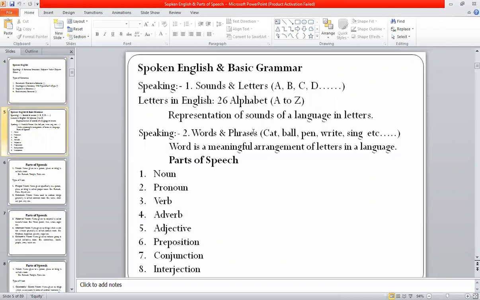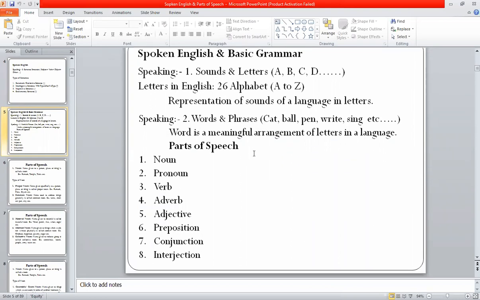Then next comes, yes, so the very basic chapter that we are going to start with is the parts of speech. Without this chapter we can't move further, because it is the most important chapter in our syllabus.